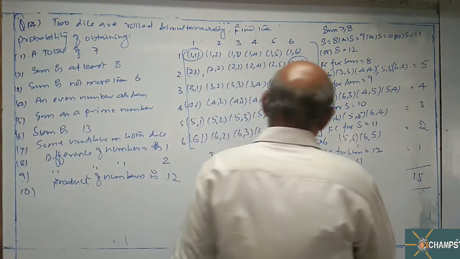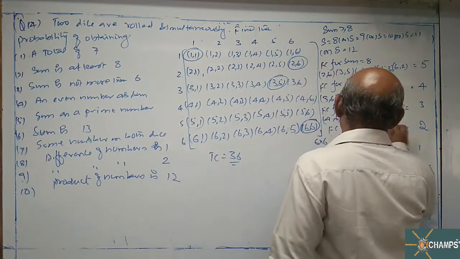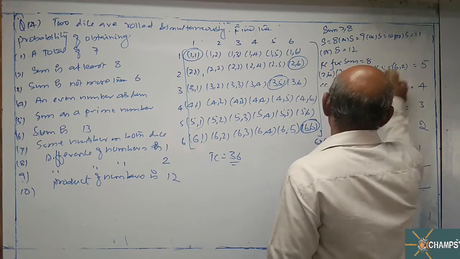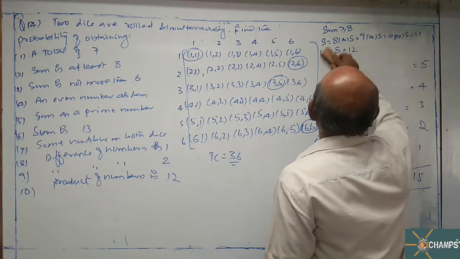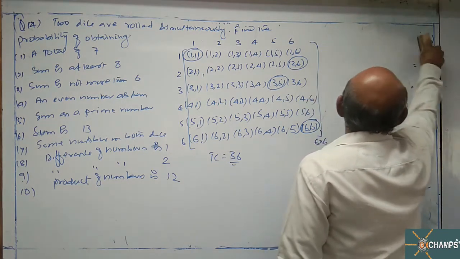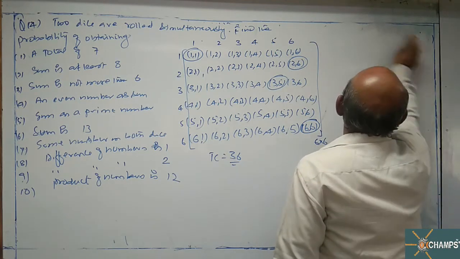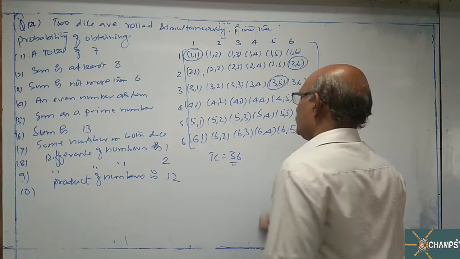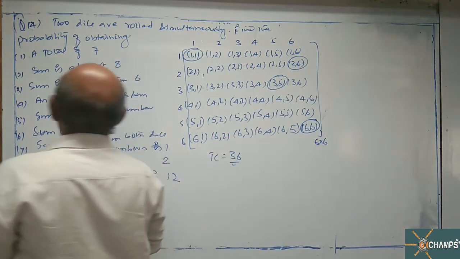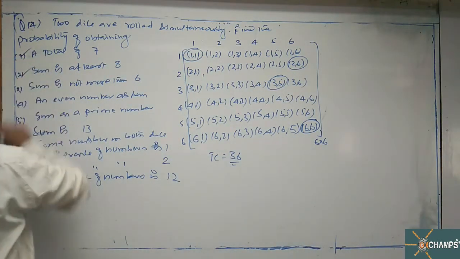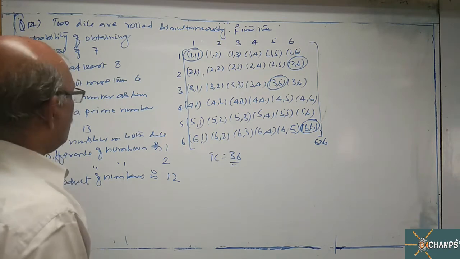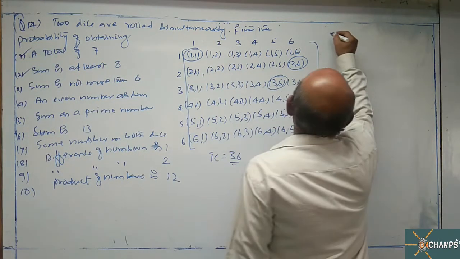Now, first question over, sir. Second question over. Third question. Sum is not more than 6.